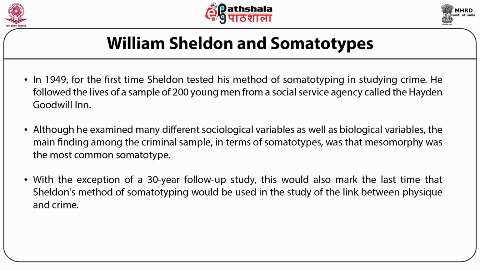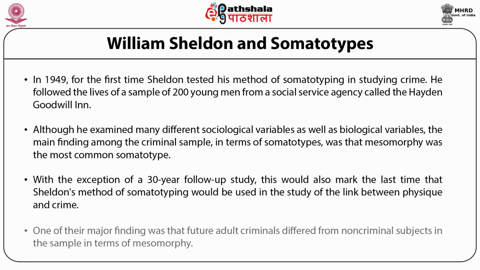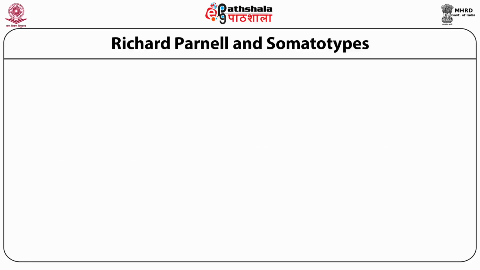In the 30-year follow-up of Sheldon's research, Hartl re-examined the 200 men whose biographies were presented by Sheldon. One of their major findings was that future adult criminals differed from non-criminal subjects in the sample in terms of mesomorphy. Let's learn about Richard Parnell, and how he described the somatotypes.